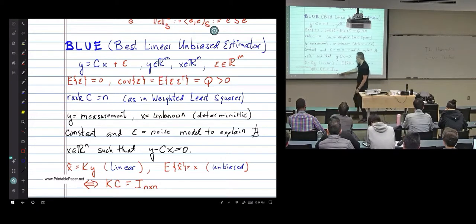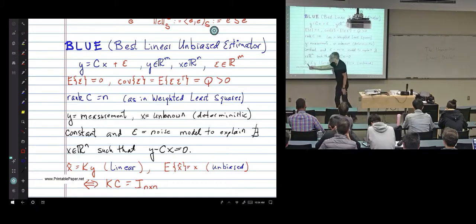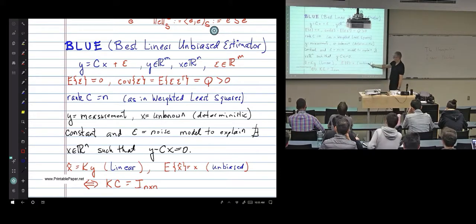So we had this kind of strange constraint that we had to impose, which is if we do a linear estimate, so gain times y, just like we have in weighted least squares, we had to impose that K times C is I. That came from the unbiased requirement.